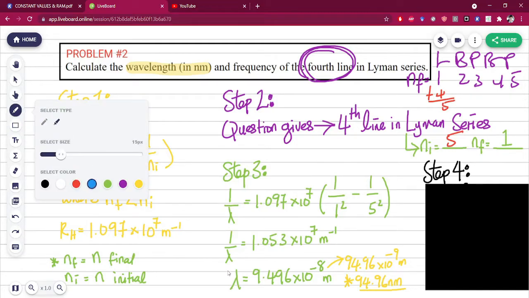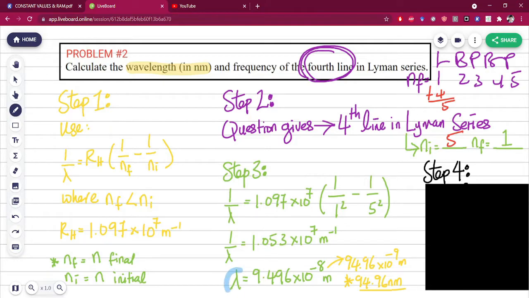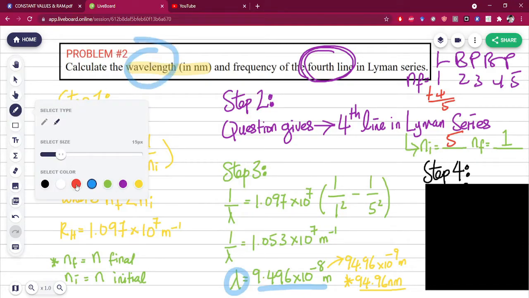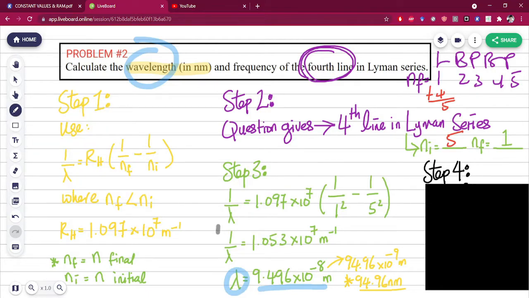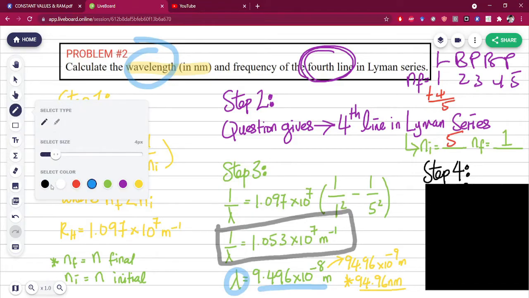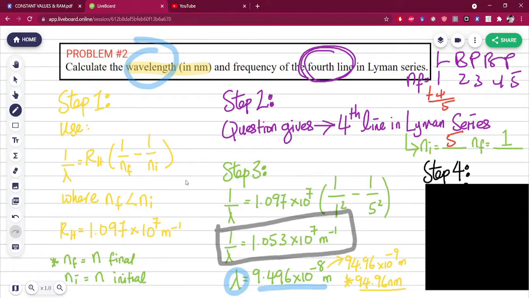Okay, we all know that this is the symbol for wavelength. So that is your wavelength. But if you use black instead, if you're going to write that in this form, this is something else. And this is what you call the point over here.